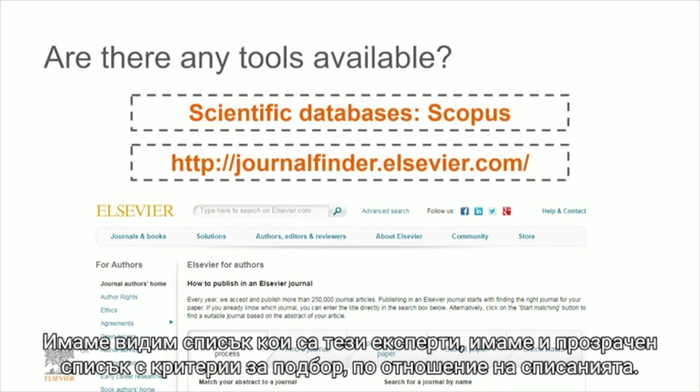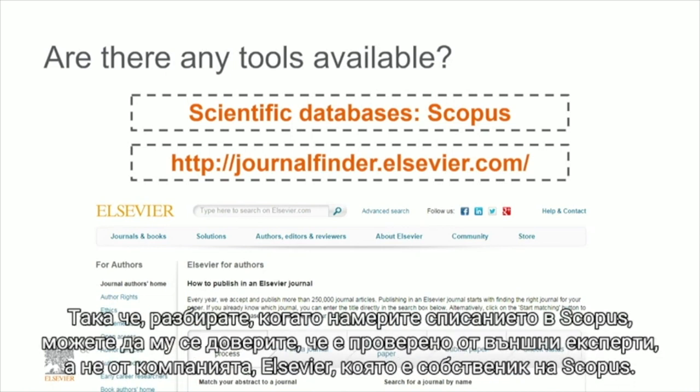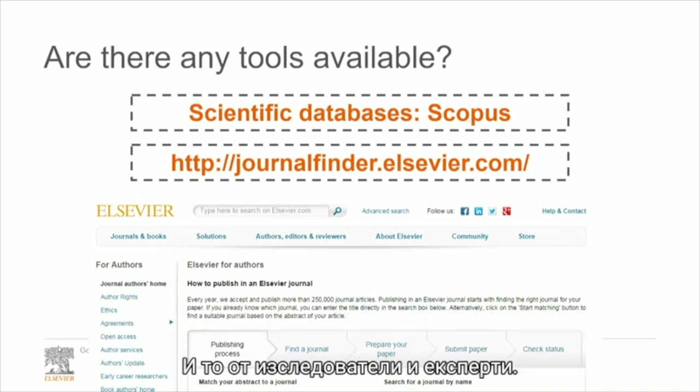We have a transparent list of who these experts are, and we have a transparent list of selection criteria regarding journals. So you understand that when you find a journal in Scopus, you can trust that it was checked by external experts, not by the company Elsevier that owns Scopus, but by expert researchers.